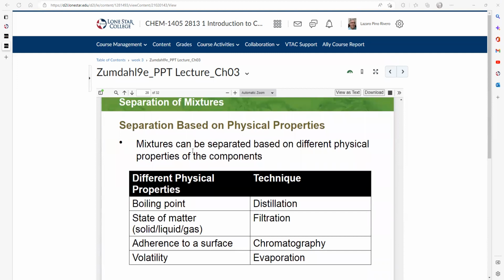Then here you have different methods of separation: boiling point, filtration, distillation, chromatography, and evaporation are different techniques to separate substances according to physical properties.